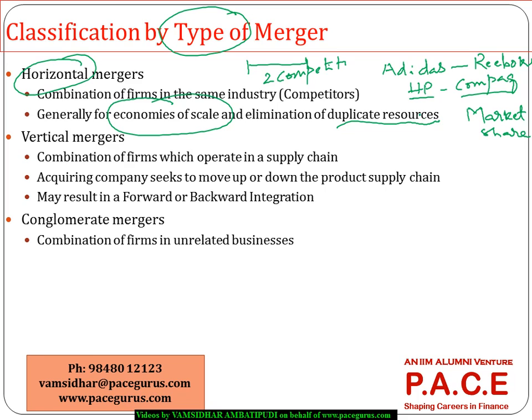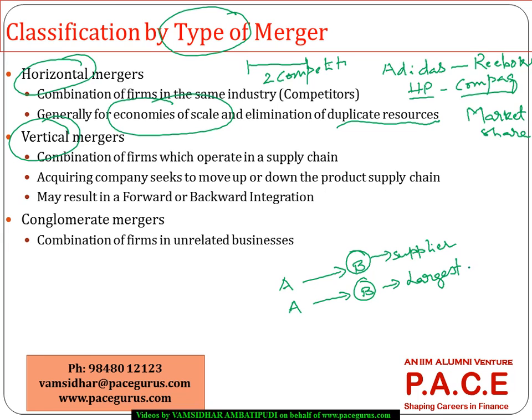So there are so many kinds of motivations behind this, but typically, classification wise, whenever two firms in the same industry are combining together, we call it horizontal. Whenever the two firms that are combining are in the value chain or supply chain, probably A is acquiring B, where B is their major supplier of raw materials, or probably A is acquiring B, where B is the largest consumer of their products.